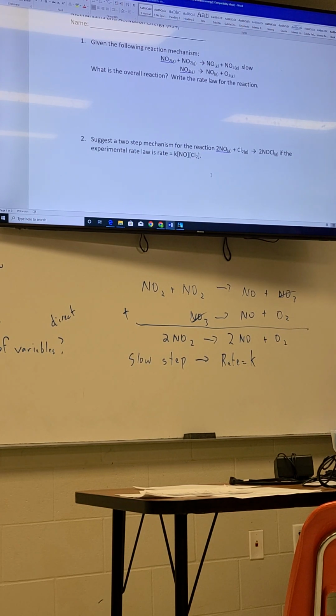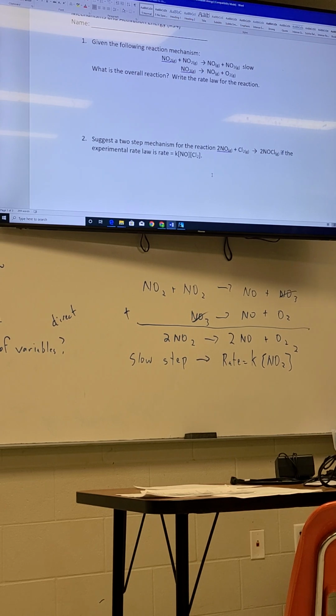All right, so we're going to write rate equals K, and then in the slow step we have a pair of NO2s. 2 NO2s, right? And so we take that coefficient, and that is going to be our exponent.